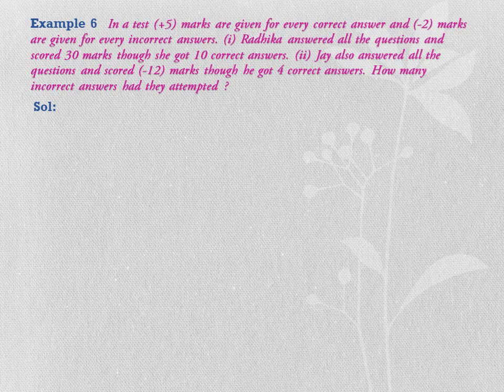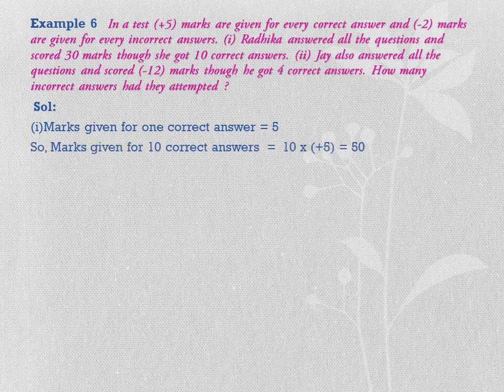Marks given for one correct answer is equal to 5. So, marks for 10 correct answers, because Radhika answered 10 correct answers: for the correct answers itself, she gets 5 into 10, 50 marks. Radhika's total score is only 30 marks.